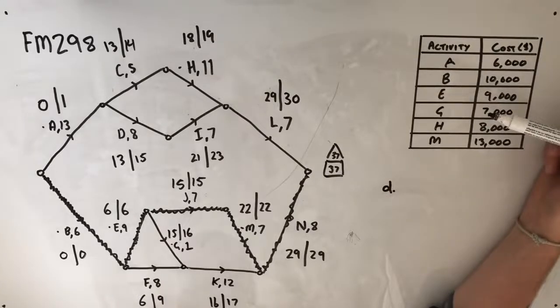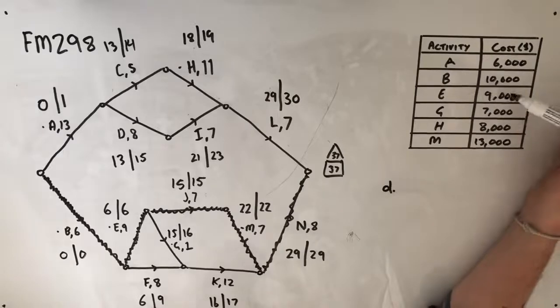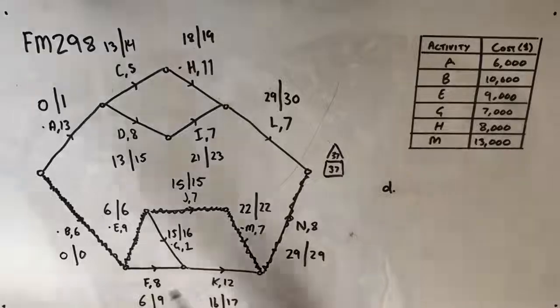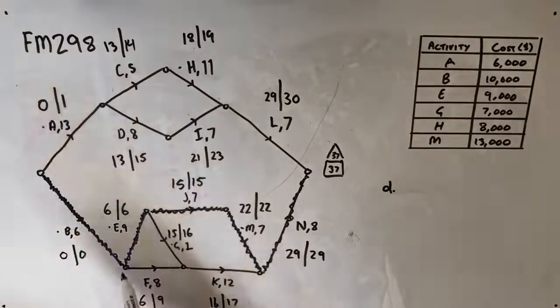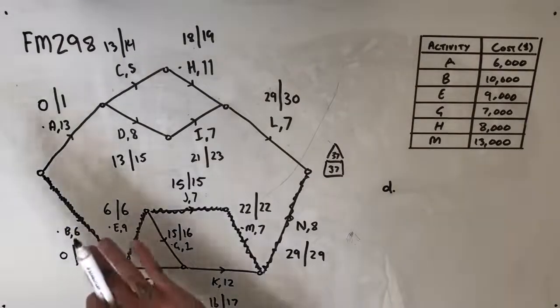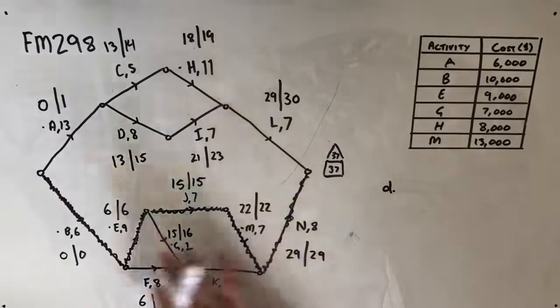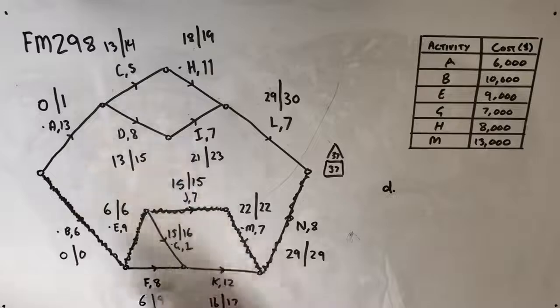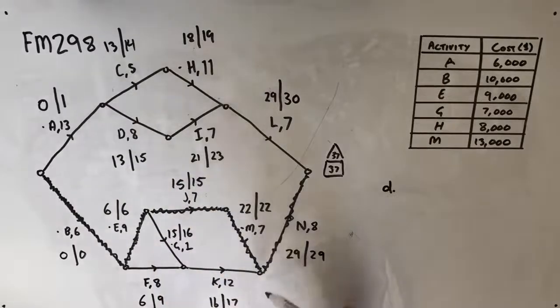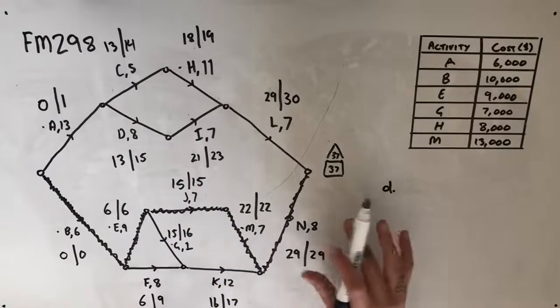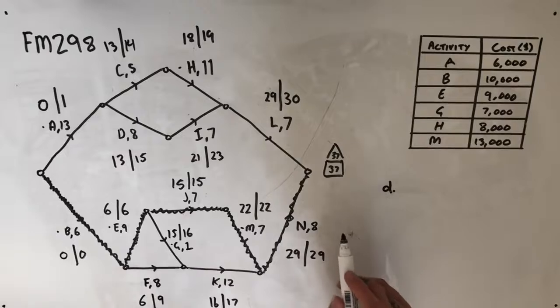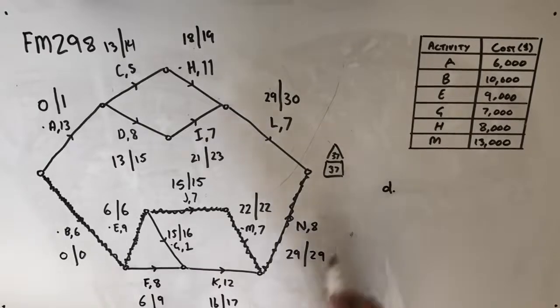So we would be tossing up between B and E to begin with, and the reason for that is also if we reduce B, that also has the effect of not changing any of the float times that come after it. So E, F, G, J, M, K, and N will all maintain their float times. Nothing will go down or take over.